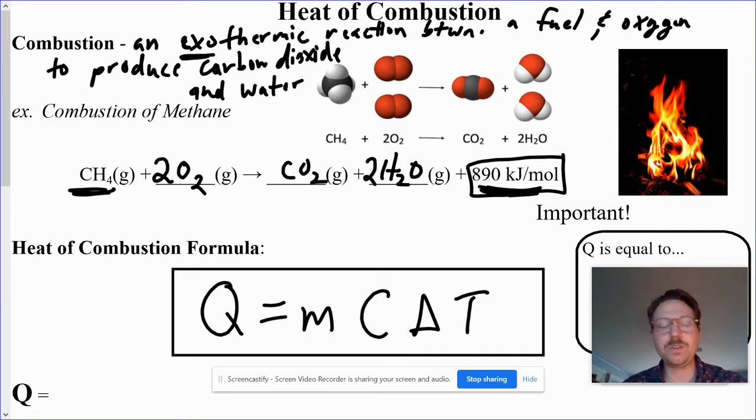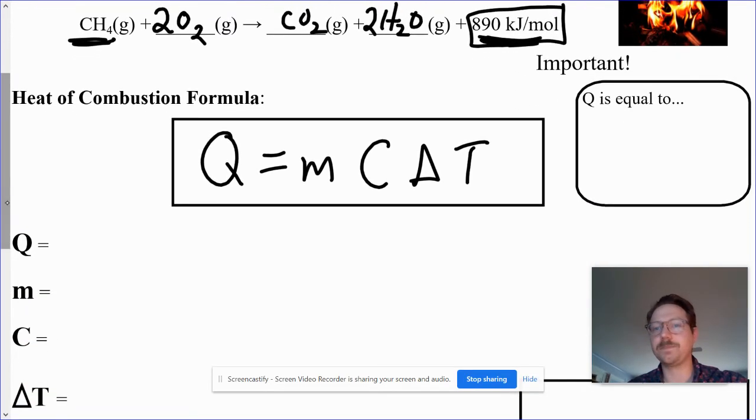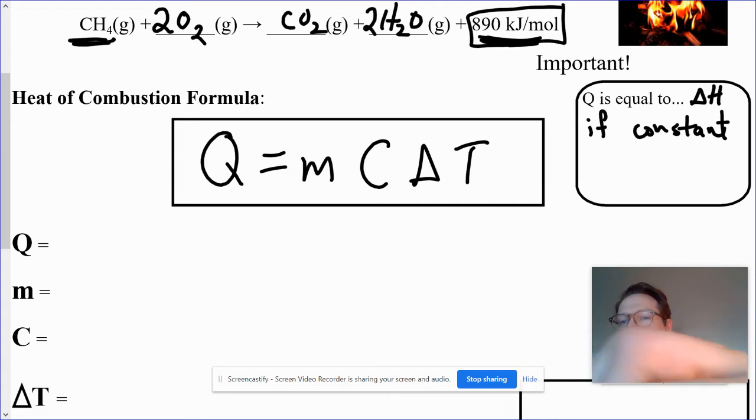So the formula that we use to measure the amount of heat given off by a reaction is Q equal to mC delta T. And Q really is delta H if we have constant pressure. I'm sorry, not constant temperature, constant pressure.